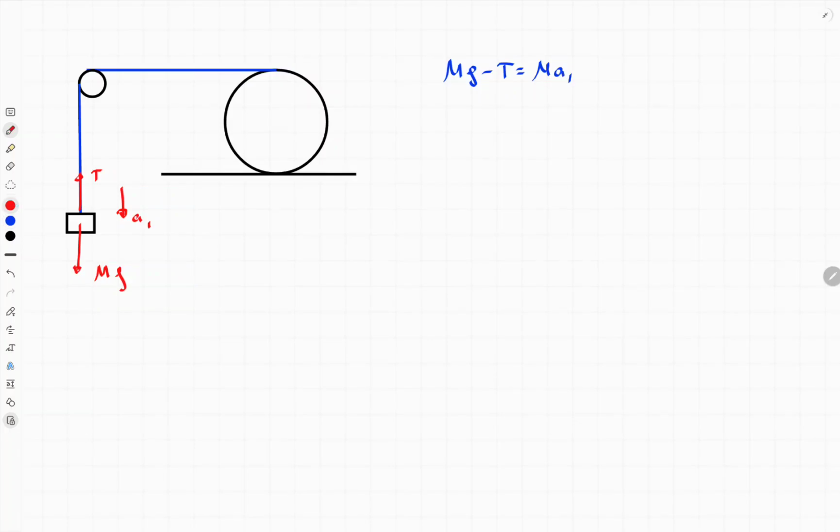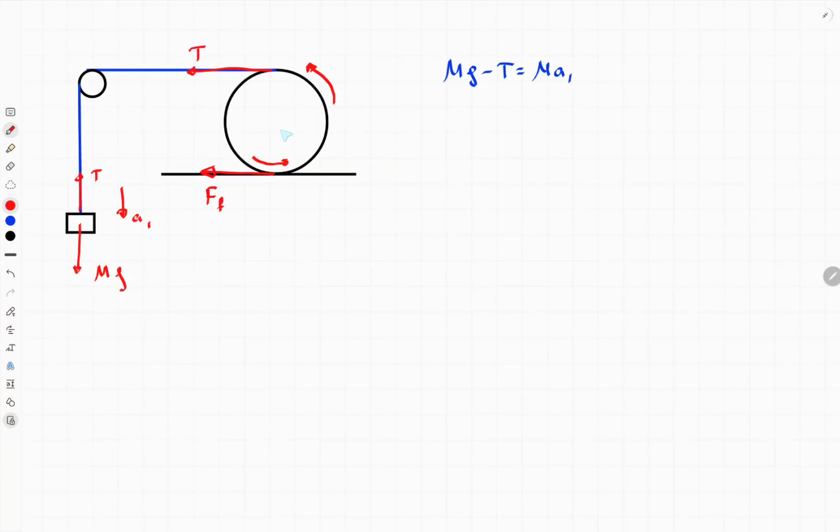Now let's draw a free body diagram for our solid cylinder. We have a tension to the left, the same tension, because the rope is weightless, has no mass. This cylinder can rotate only in this direction. At the contact point, the cylinder is rotating to the right, so the friction force on the cylinder will be directed to the left.